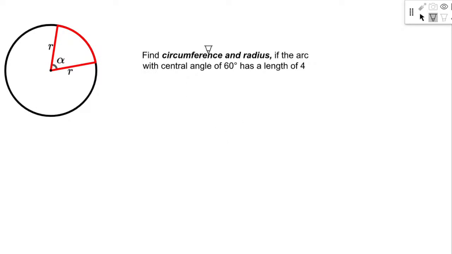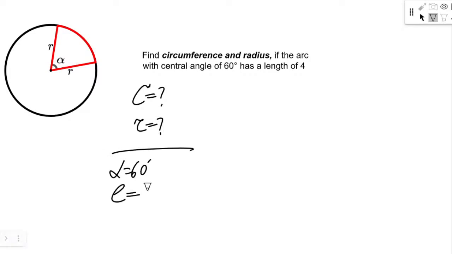Let's do the next question. Find the circumference and radius if the arc with the central angle of 60 has a length of 4. So it's a vice versa process. We have to find our C and radius. We have alpha equal to 60 and L equal to 4, where L is the length of the arc.